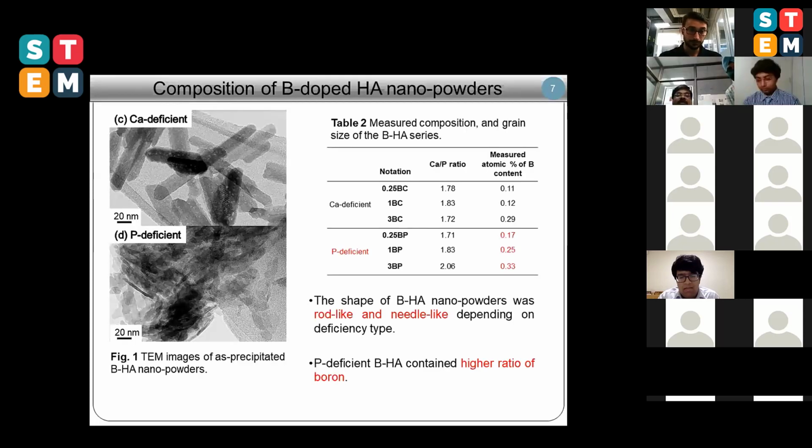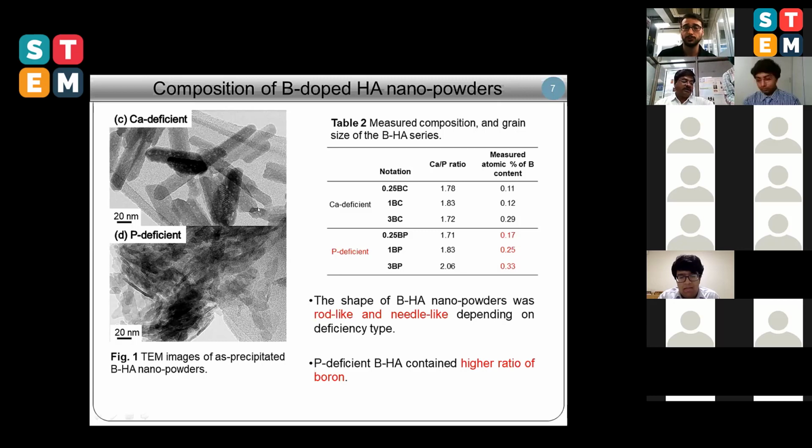For the boron doped hydroxyapatite powder, we focus on calcium deficiency and phosphate deficiency, as I mentioned. As we expected, these two different deficiencies in the chemical solution cause different nucleation and particle growth. As you can see in the TEM image, calcium deficiency causes rod-like particles, whereas phosphate deficiency with boron doping causes a needle-like powder morphology.